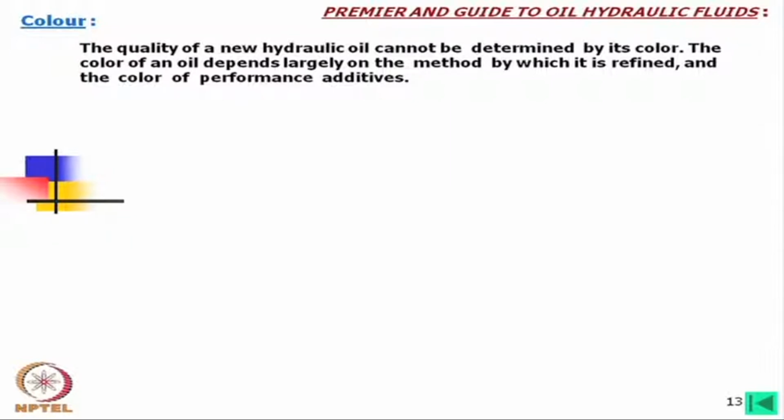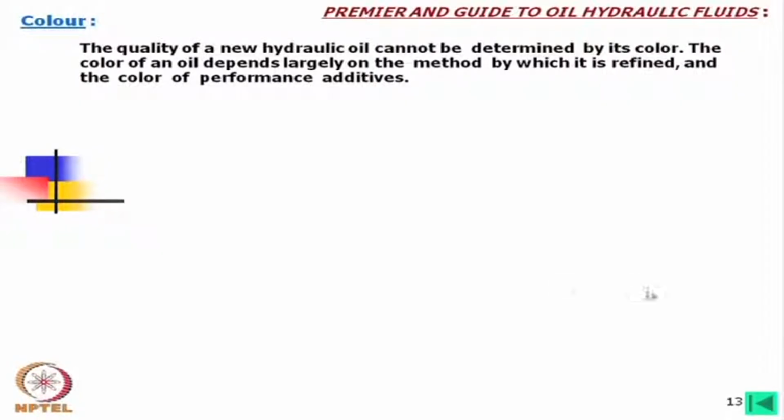So, oil color is definitely not like water. I am talking about mineral oil, which is almost colorless, but when some additives are added it gets a color change. However, it is difficult to understand which one is fresh oil and which one is used oil by looking into the color of the oil.